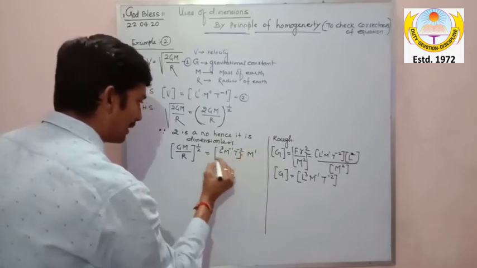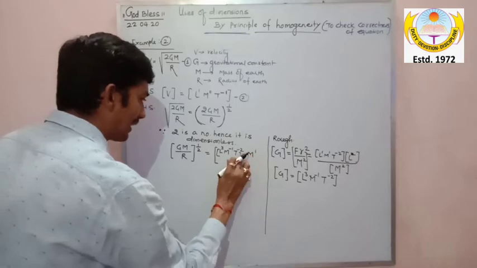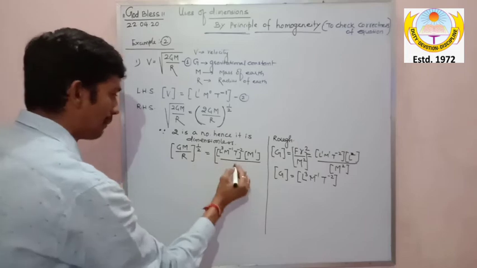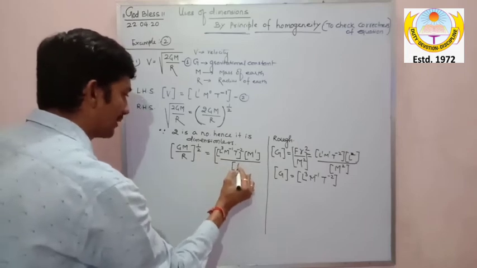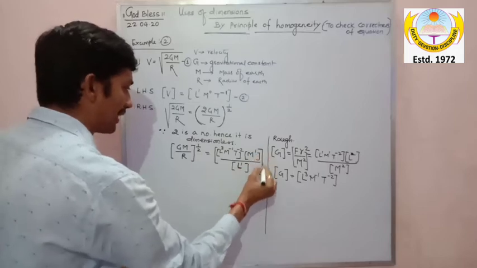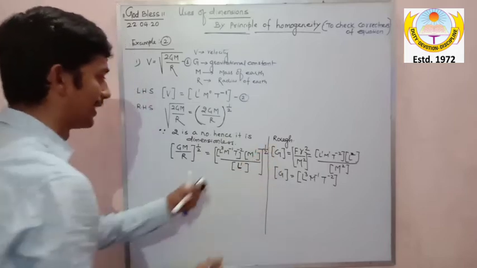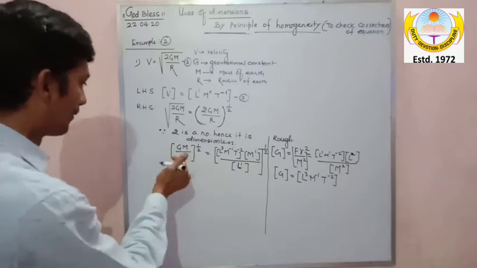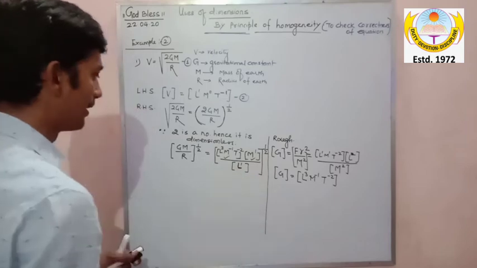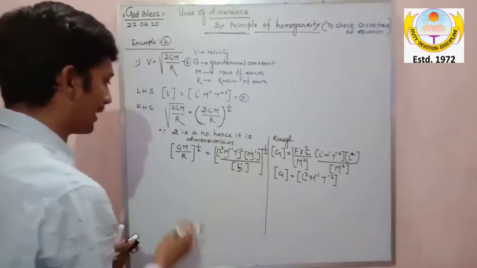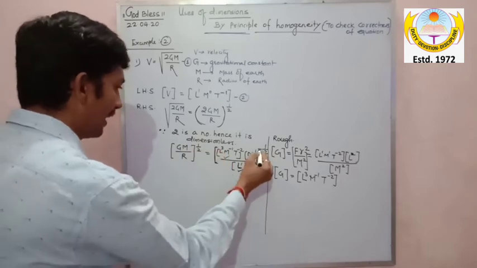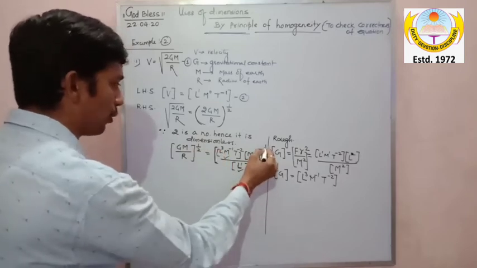I have written the dimension of G, the dimension of mass, divided by the dimension of R, which is L power 1. And this whole dimension is to the power half. See the method. What did I do? I have written the dimension of G here, the dimension of M here, and the dimension of R here. That is radius, meaning length. And then the whole thing is in the entire big box with whole power half.